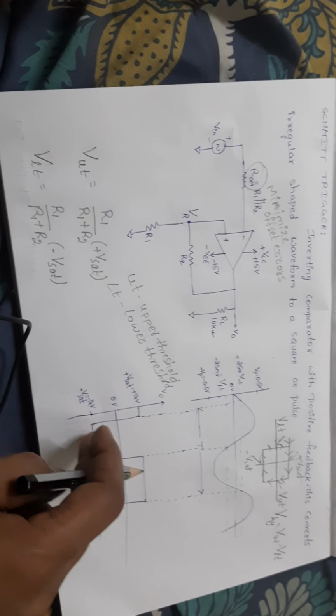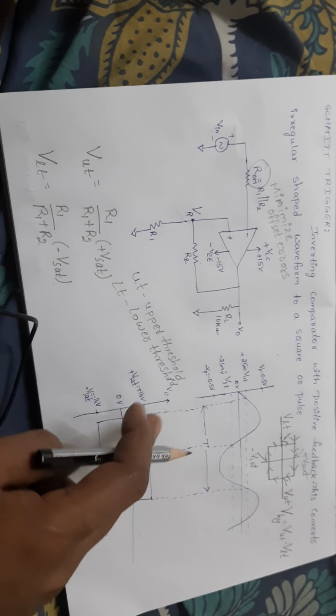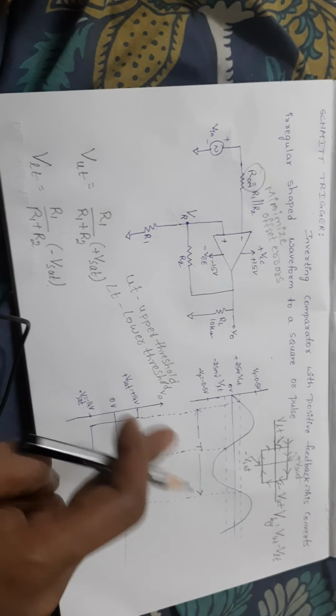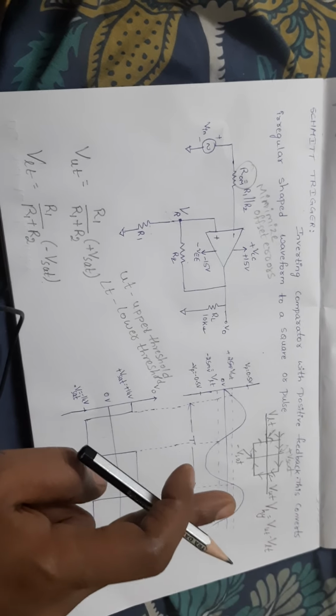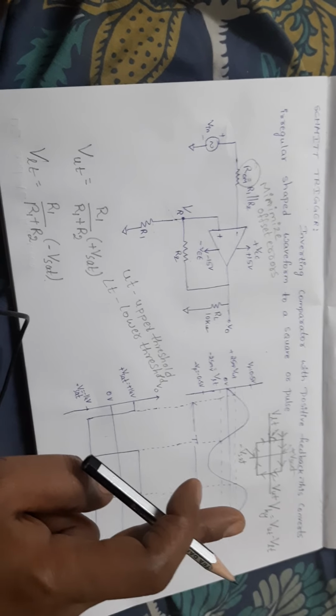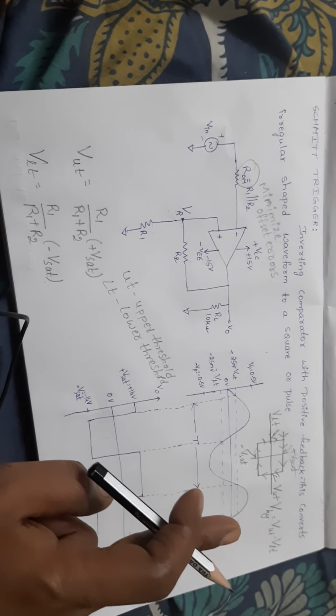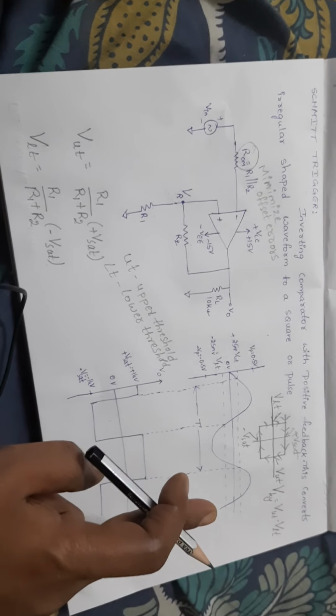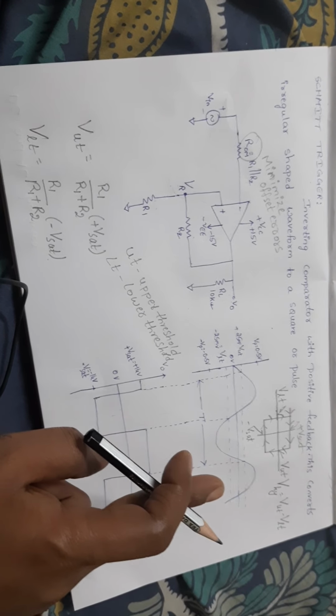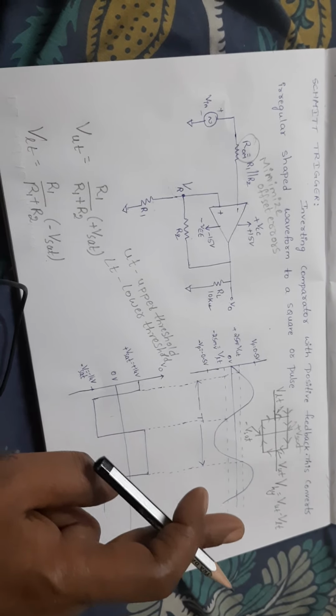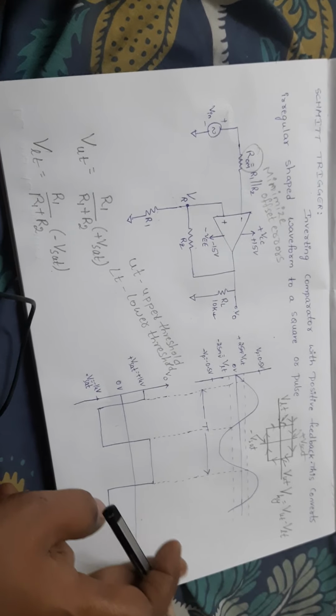Most important point: the Schmitt trigger converts the sinusoidal waveform into the square waveform, and it has some hysteresis, which is nothing but the dead band condition. V hysteresis is equal to V upper threshold minus V lower threshold. Okay, thank you.